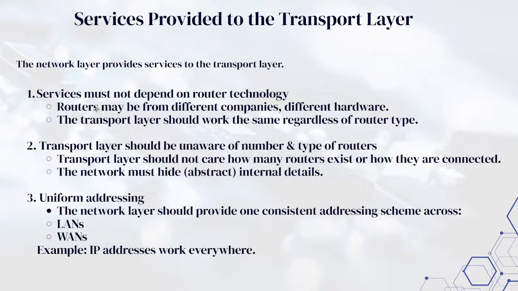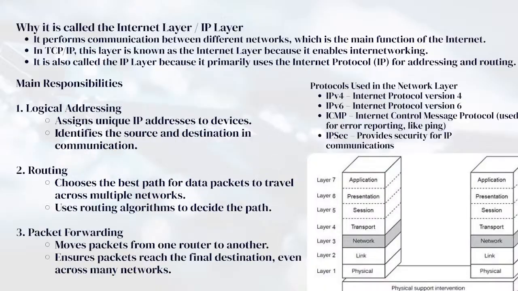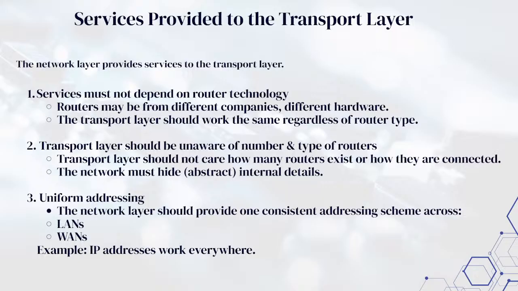Now, when it comes to services provided to the transport layer, as we already said at the start, the network layer is located above the data link layer and below the transport layer, that is, between the second and fourth layers, right? So what are the services provided to the transport layer?